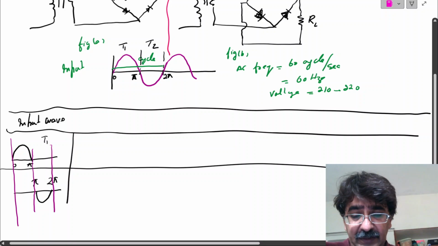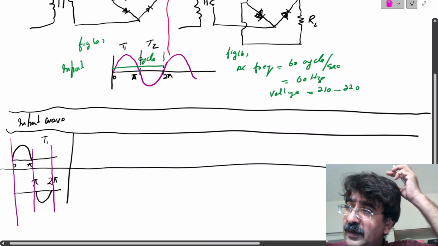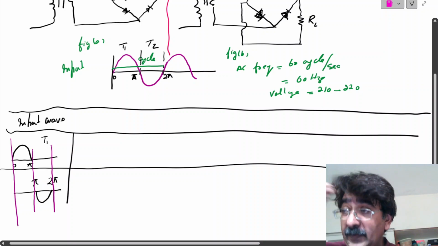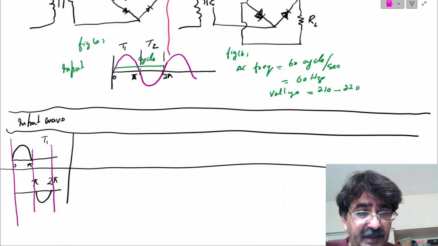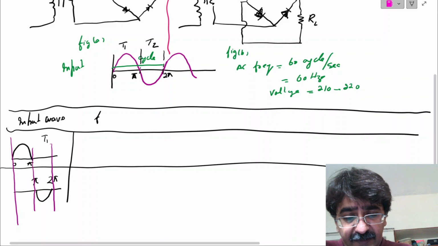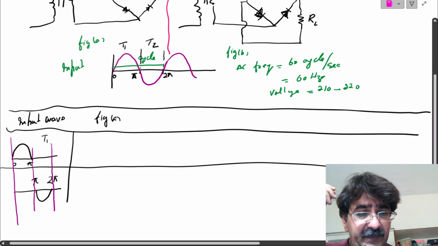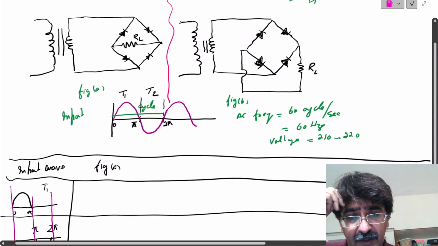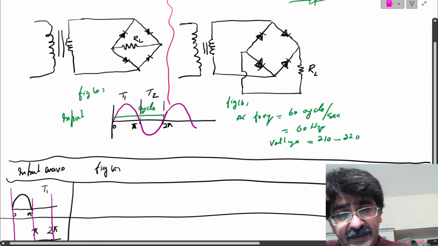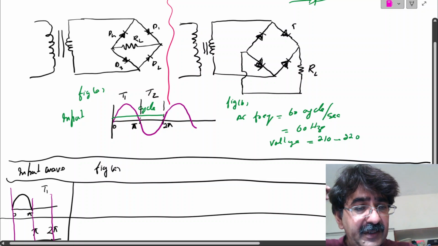The second row represents T2, which is the negative part of the input AC wave, from pi to 2 pi. Now we first draw the equivalent diagram showing the working of fig A, circuit A.